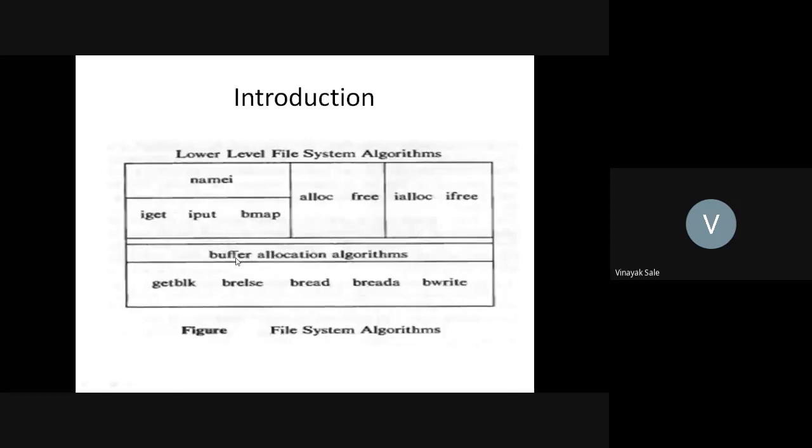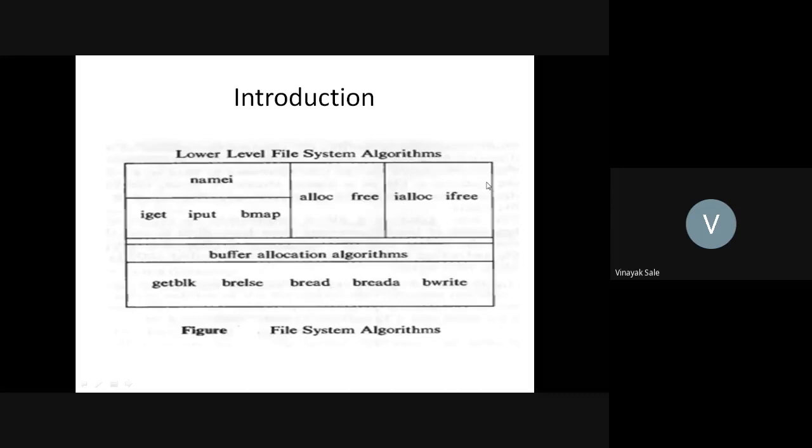Out of these algorithms, we have seen in the previous chapter getblk, brelse, breada and bwrite. Now we are going to see the next seven algorithms: iget, iput, bmap, alloc, free, ialloc and ifree.